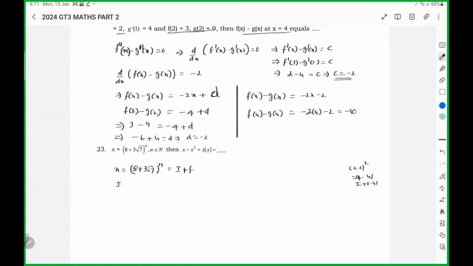Choose here capital F as, I plus f plus capital F, 8 plus 3 root 7.